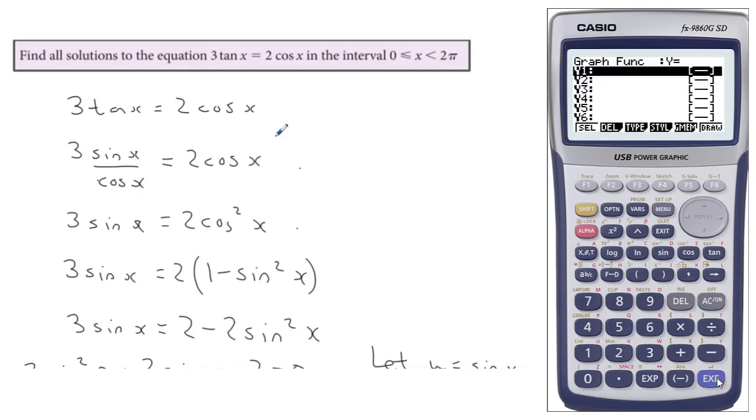And some people will tell you to make it equal 0, so plot 3 tan x minus 2 cos x. Personally, I would just plot them both and find the intersection, but it is entirely up to you. So 3 tan x. That's the first line. Second line, 2 cos x.